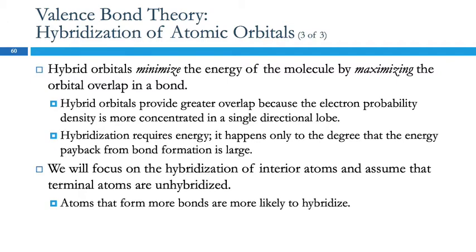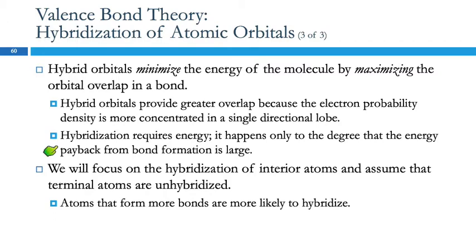When we hybridize these orbitals, we're going to get orbitals that are not symmetrical around the nucleus anymore. They're going to have more electron density on one side than the other. And so when they overlap, there's going to be a better overlap. Hybridization does require energy. It's not going to happen if it's not going to be used.